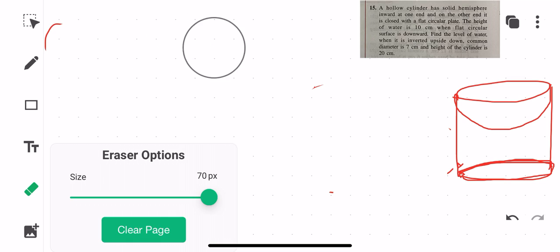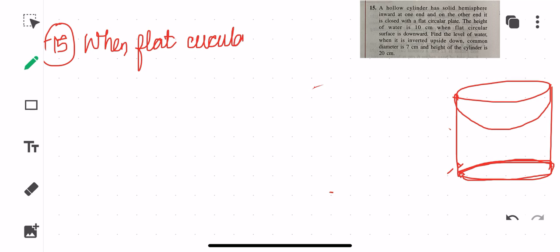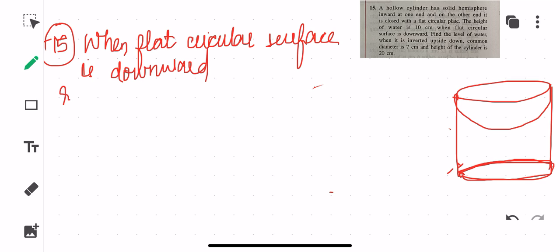Okay, so just write down like this: when the flat circular surface is downward, we'll find out the volume of water. Okay, so write down R is equal to 7/2 and height is equal to 10, because the water is occupying the height up to only 10.